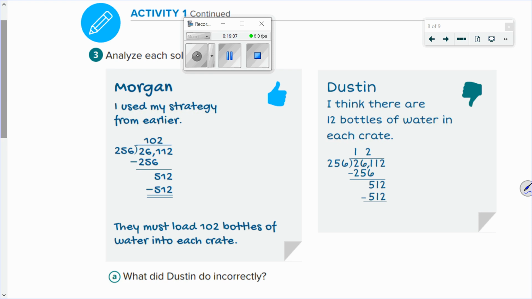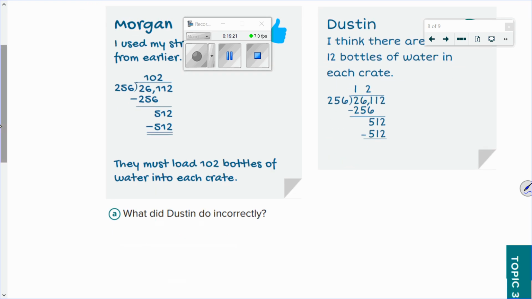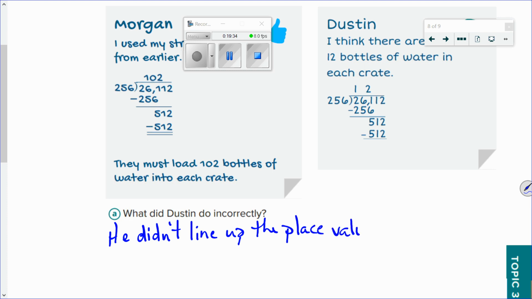Okay, who was able to figure out what Dustin did incorrectly? Sergio? Good. He didn't line up the place values. First period, I had a whole bunch of people saying he didn't put a zero, but that didn't explain it.